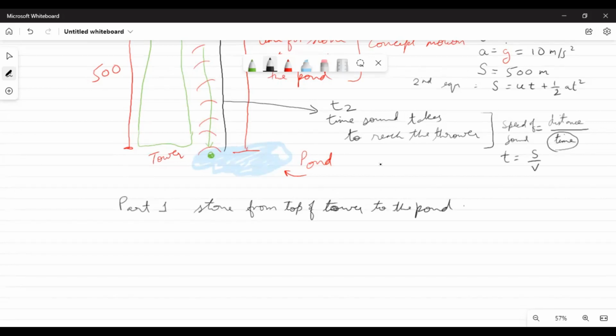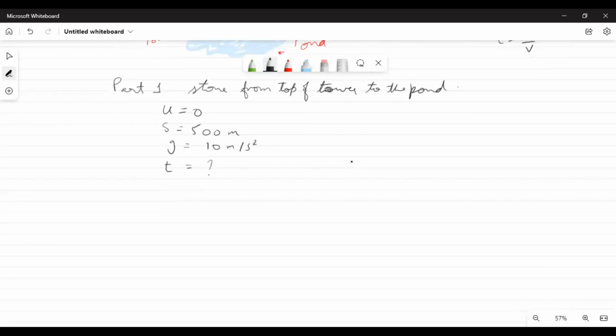So we have u equal to 0, s equal to 500 meters, g equal to 10 meters per second square. We have to find out the time. So the formula that we are going to use is s equals ut plus half at square.